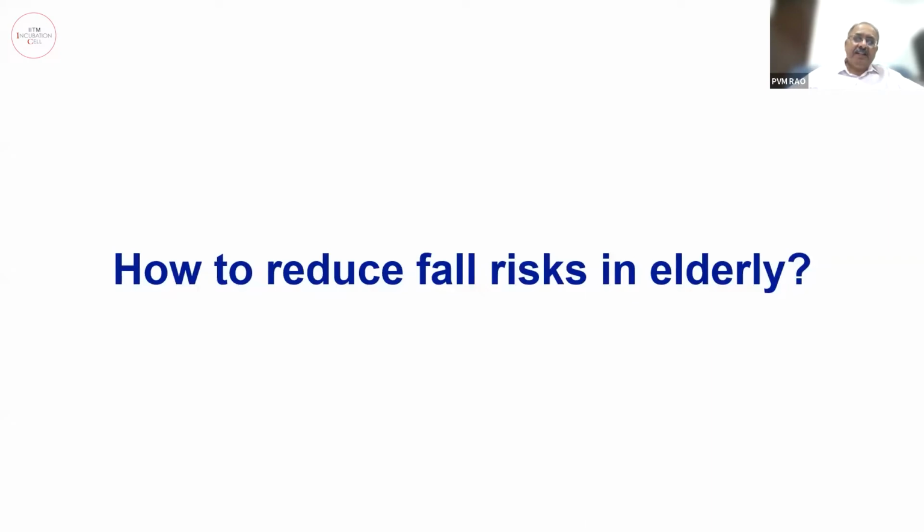Anything else? You can put your comments also, if not solution. Remove hazards. Wonderful. Proactive eye care and strength training for improved bone density. Wonderful. Robo for elderly. Very technical solution. Develop a assisting robo. Yeah, I think robo has come multiple times. Monitoring their health conditions regularly.